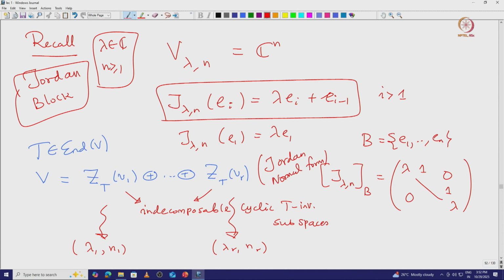So, we have this Jordan normal form decomposition of capital V, consisting of a direct sum of these indecomposable cyclic T-invariant subspaces. Since T-invariant subspaces correspond to C[x] subrepresentations, these cyclic subspaces must be exactly the indecomposable subrepresentations. Okay, they can't be something else.